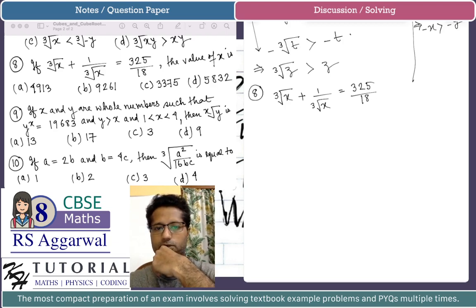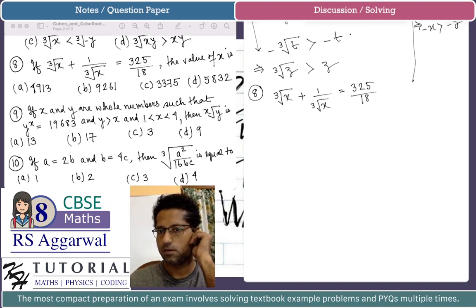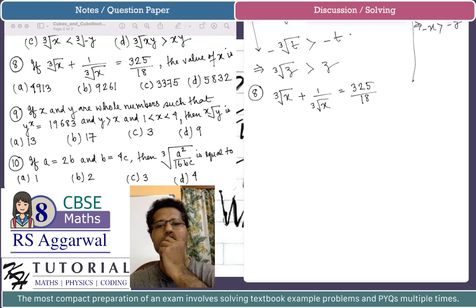Now you can see that on the left hand side it is cube root of x plus the reciprocal of cube root of x, and on the right hand side it is 325 by 18, which is an improper fraction.